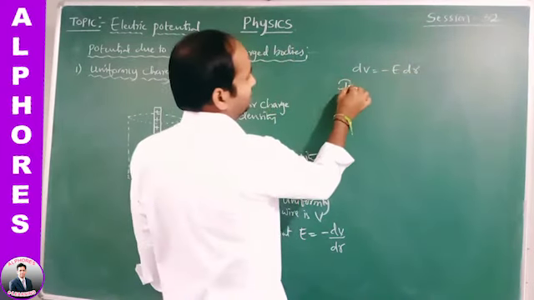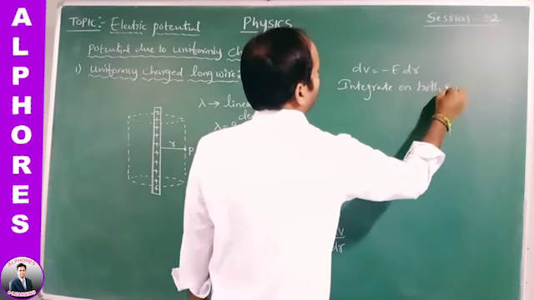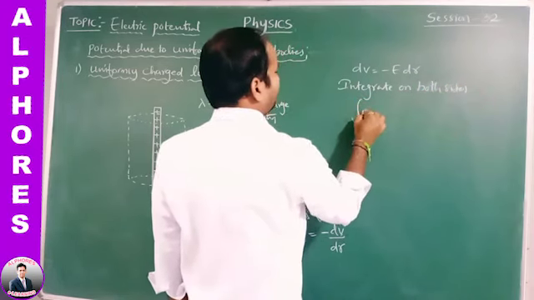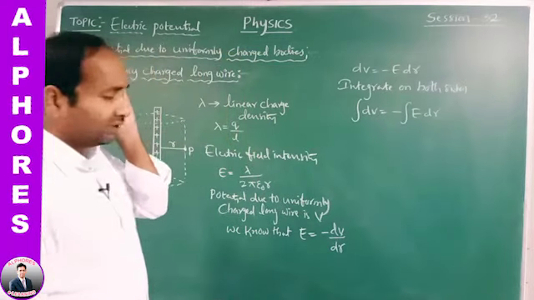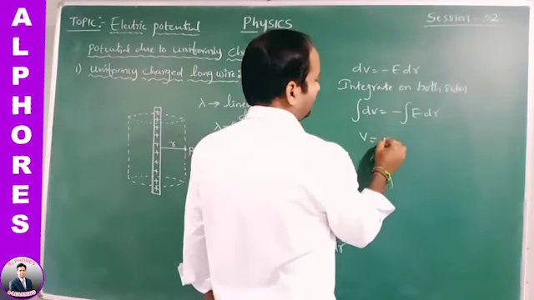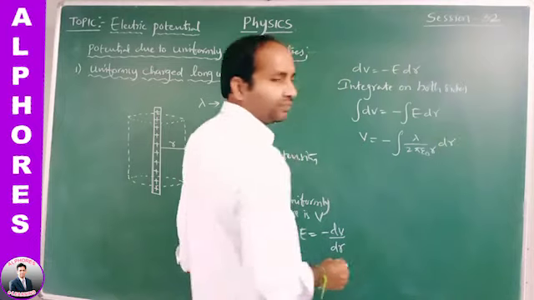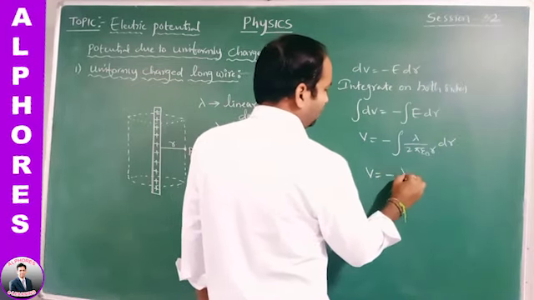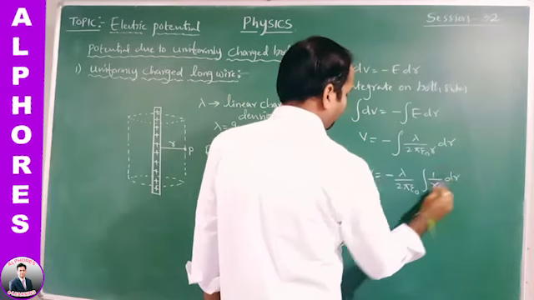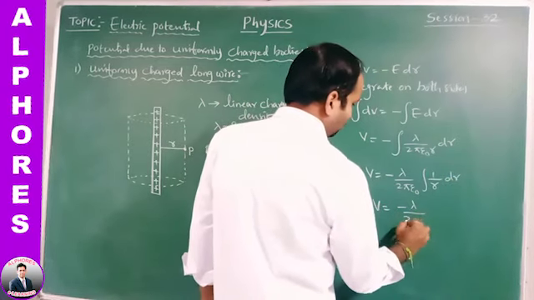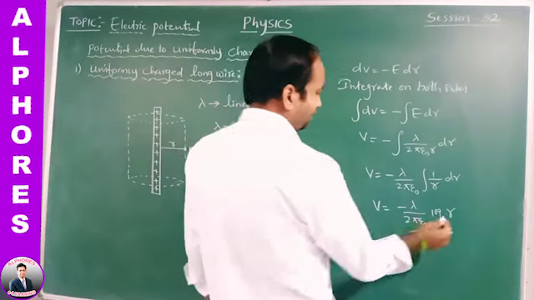Integrate on both sides. Integration of dV is equal to minus integration of E dr. Integration of dV is V, minus, and the E value is lambda by 2 pi epsilon naught r, dr. So V is equal to minus lambda by 2 pi epsilon naught, which is constant, times integration of 1 by r dr, that is log r, plus C, the constant of integration.